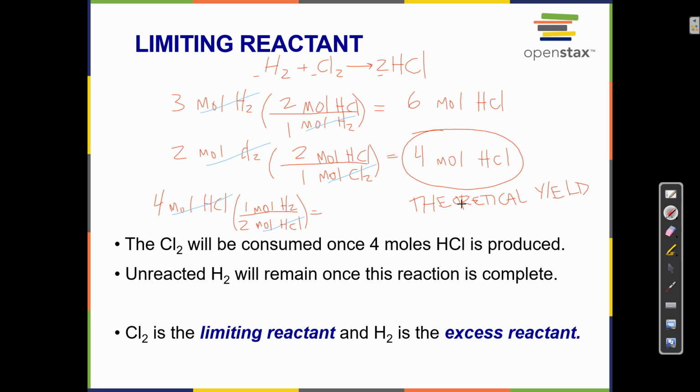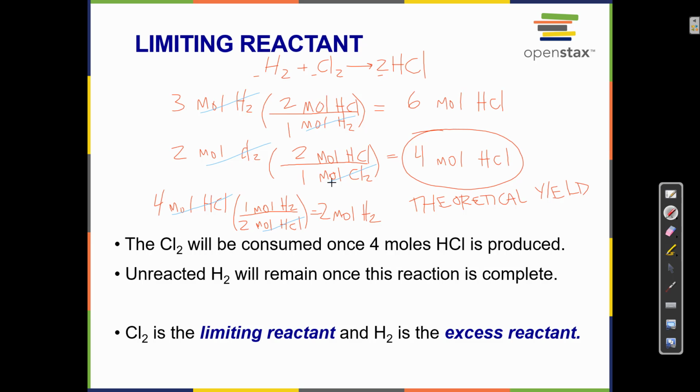Well, 4 divided by 2 is 2. 2 moles of H2. So I can only make 4 sandwiches because that's what my limiting, I run out of Cl2. This is my limiting reactant.